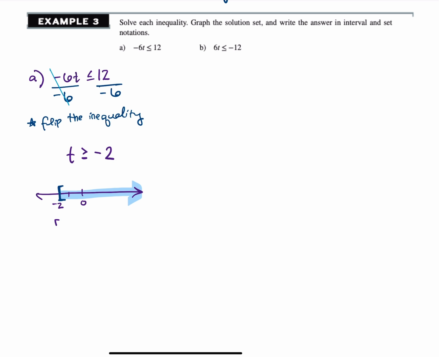Interval notation, I would start at negative 2 using a bracket, and it goes to positive infinity. And then set notation, all values of t such that t is greater than or equal to negative 2. So again, the big point, divided by a negative, so I had to flip the direction of the inequality.